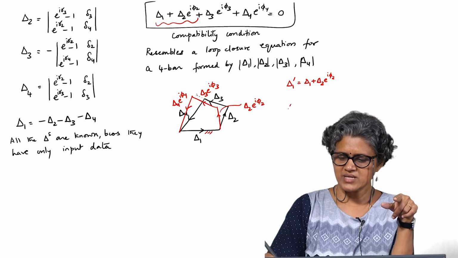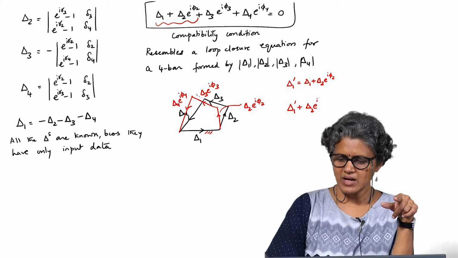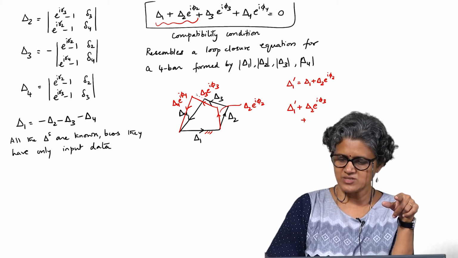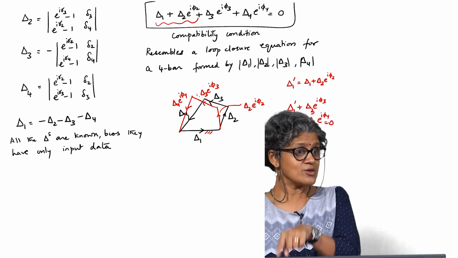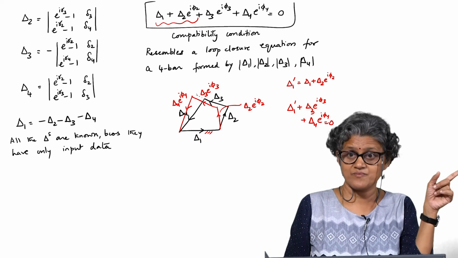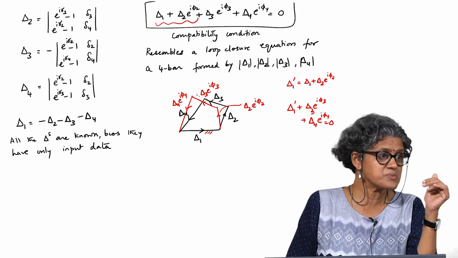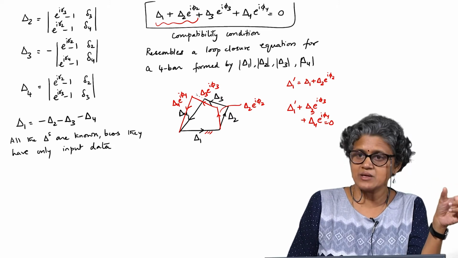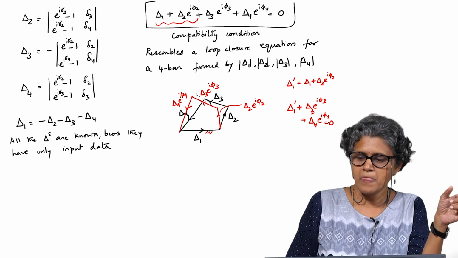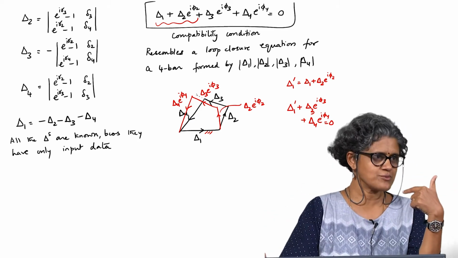So, delta 1 dash plus delta 3 e power i phi 3 plus delta 4 e power i phi 4 equal to 0, which is what I used for the previous one where I specified the fixed pivot. Remember, I had to solve a transcendental equation there. So, you can repeatedly call that for each phi 2.